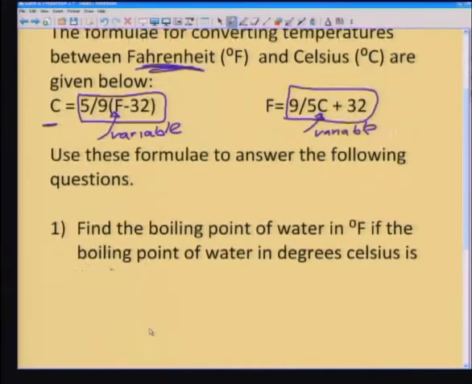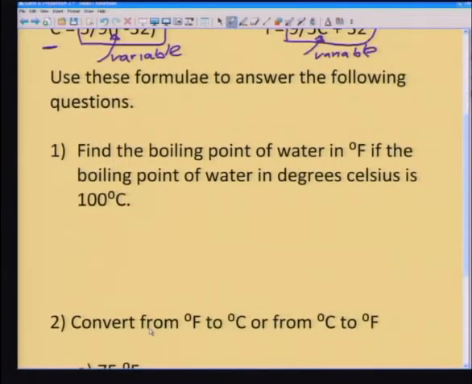They then tell you to use these formulae to answer the following questions, and they give you a whole lot of conversion questions. Now, as I said to you here, you need to know how to use your calculator. So calculator skills, very, very important. Okay. They firstly tell you that you need to find the boiling point of water, so the temperature at which water begins to boil, in degrees Fahrenheit, if the boiling point of water in degrees Celsius is 100 degrees Celsius.